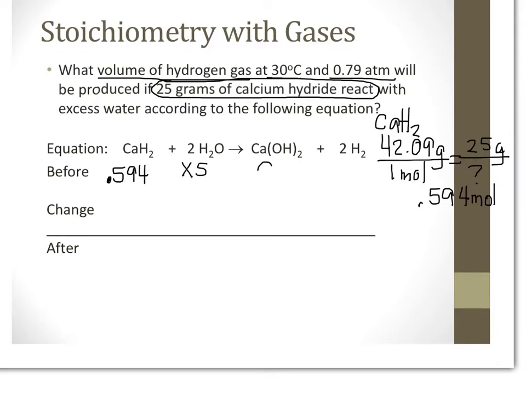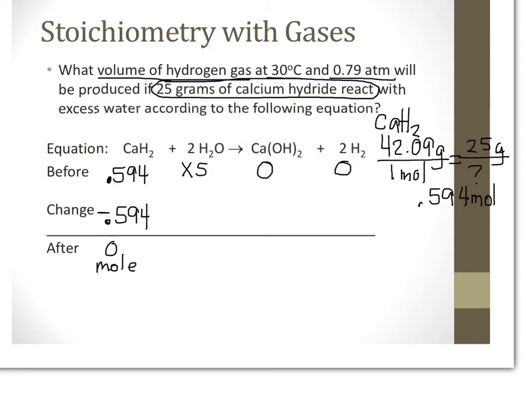And I usually start out with no product. I'm going to react all of that calcium hydride because it says in the problem it all reacts, so there is no calcium hydride left at the end. Then I'm going to use my coefficients, which represent mole ratios, to figure out the remainder of the change line.